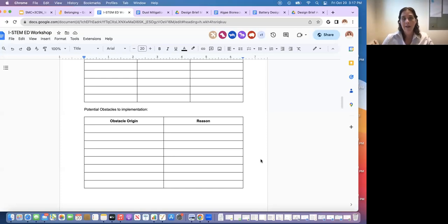How are you going to assess or evaluate the work? Is it going to be a lecture activity? Is it going to be a lab activity? So if you wouldn't mind spending some time thinking about what might hinder implementation of using a design challenge, and why it might be an obstacle.